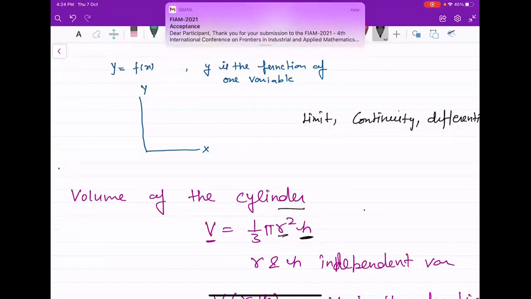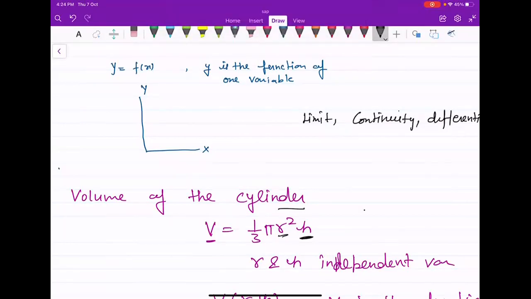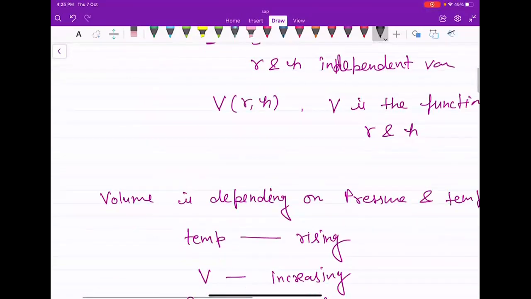Studying functions of several variables is very important, because whenever we deal with any real life problem, we should understand how a function depends on many other factors. That we discussed in the previous class.